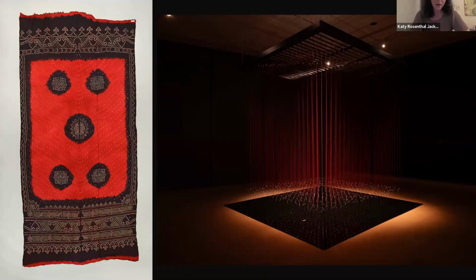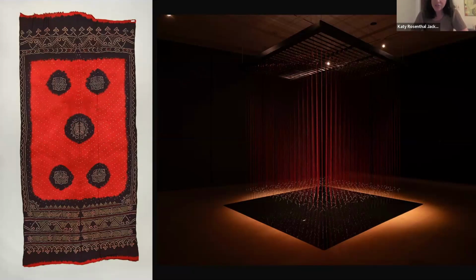And furthermore, Agha is concerned here with how the previously colonized regions in which such textiles are made are particularly vulnerable to the ongoing effects of that exploitation in the form of climate change. And the art of dyeing these bandhani textiles has long been intimately related to the natural environment and the expertise of working with natural resources, including not only natural dyestuffs, but also water with particular qualities.